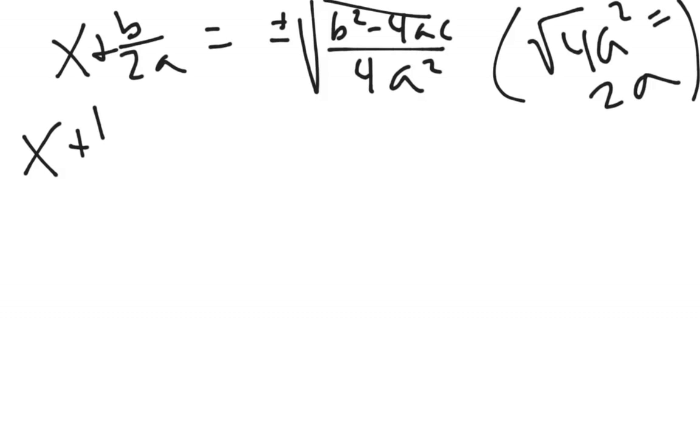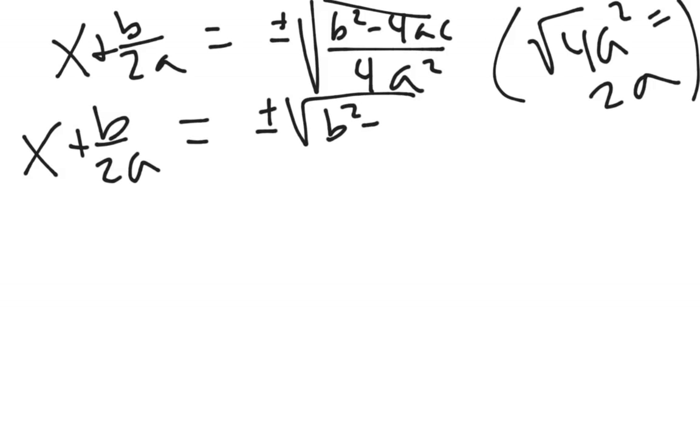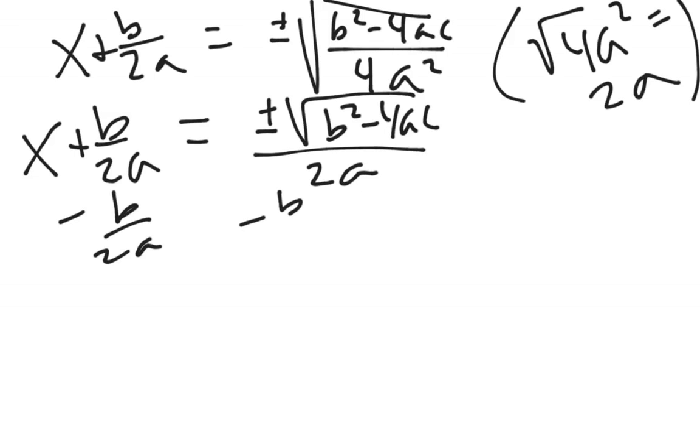So at this point I have x plus b over 2a equals plus or minus square root b squared minus 4ac all over 2a. I'll subtract b over 2a from both sides.